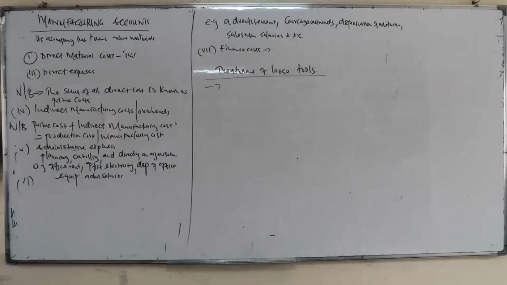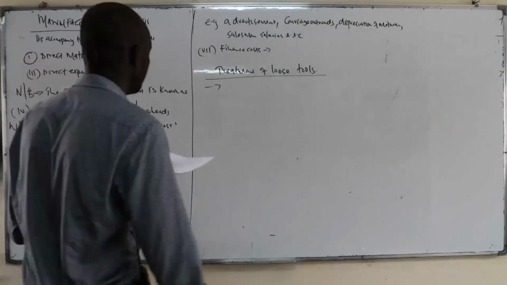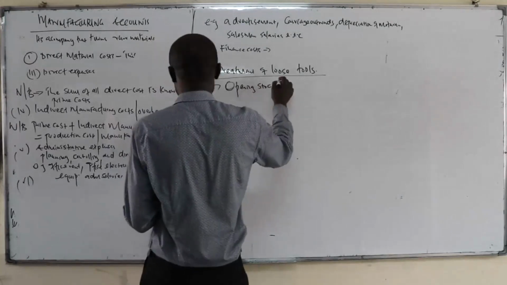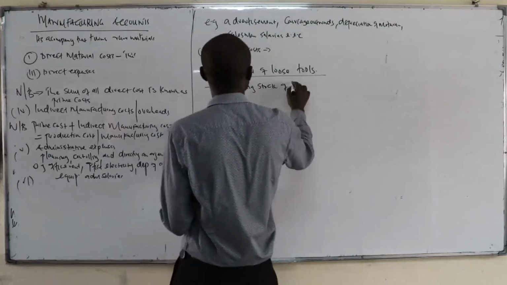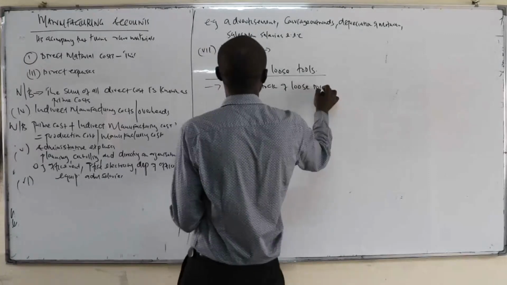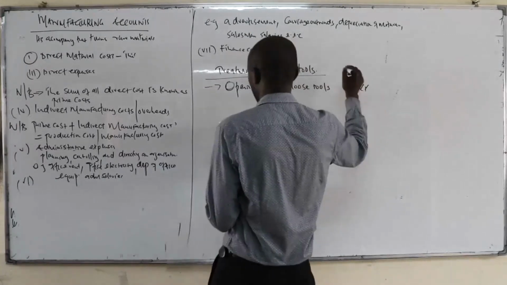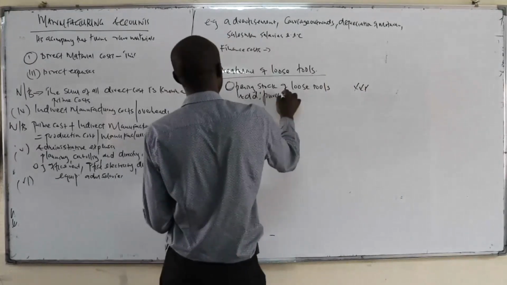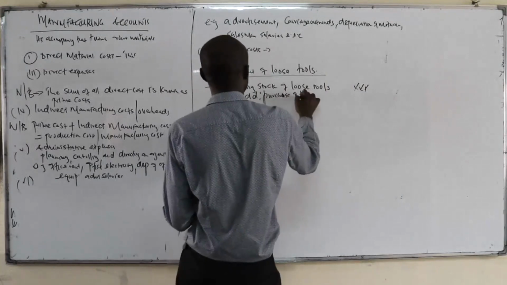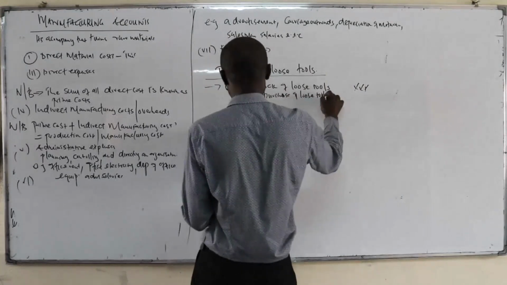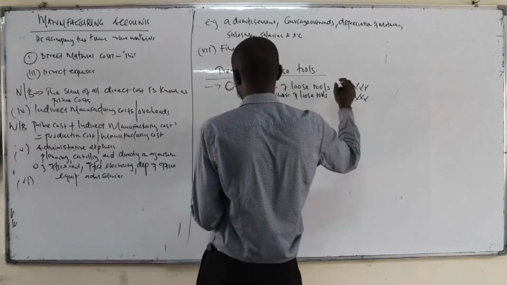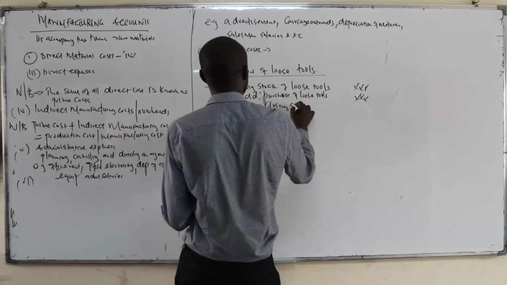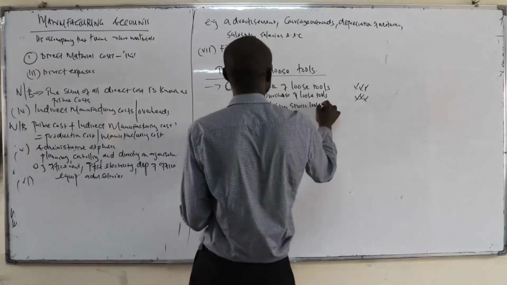And it is determined as follows: opening stock of loose tools, then you add purchases of loose tools, you less closing stock of loose tools.